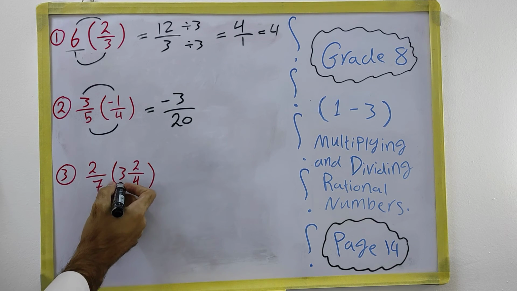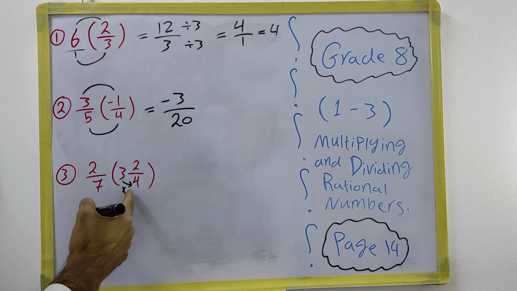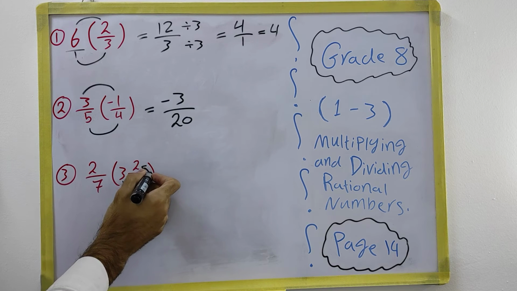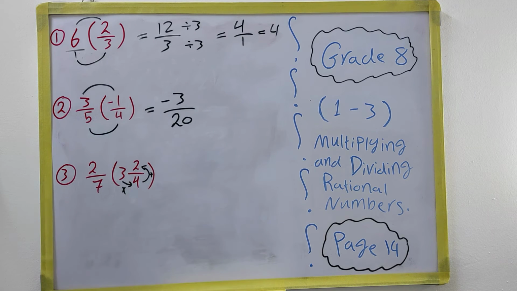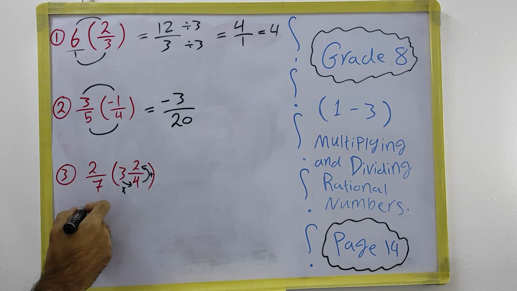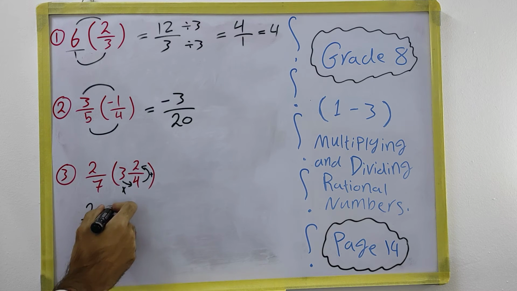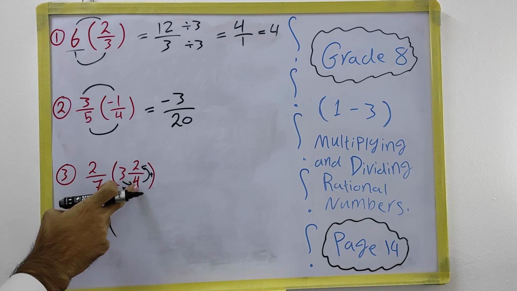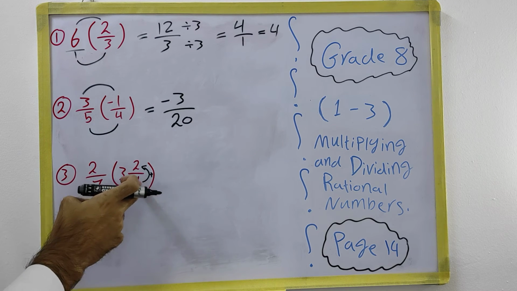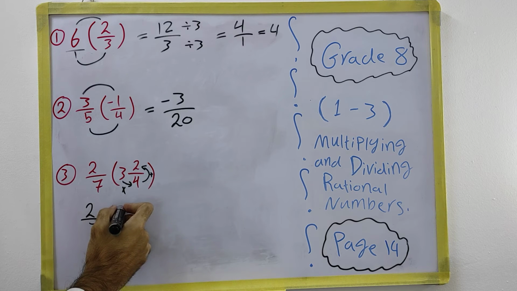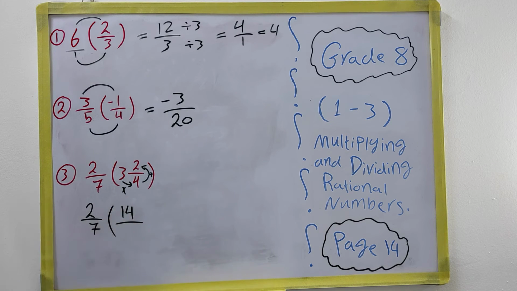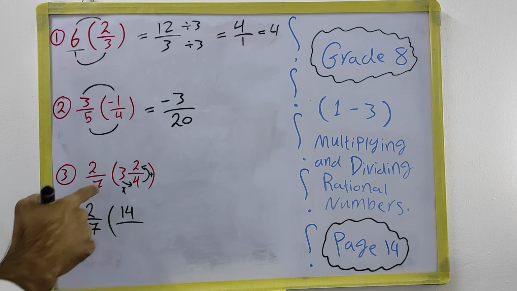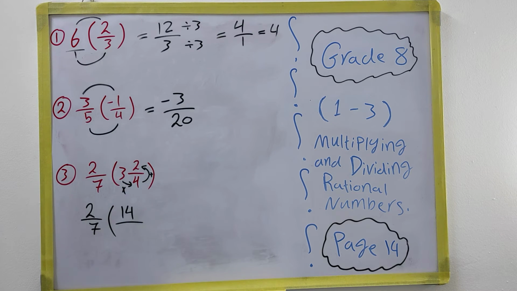Always this number multiply this one, then plus the numerator. Write the first one as itself, 2 over 7 in the bracket, 3 multiply 4, 12, 12 plus 2. This is the numerator, and the denominator we write as itself.